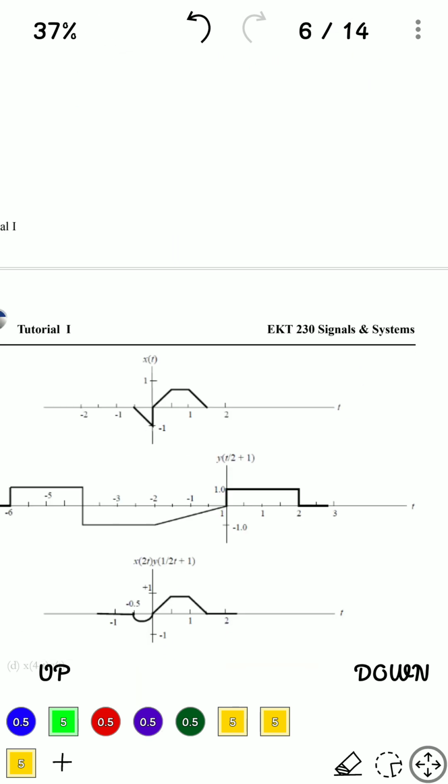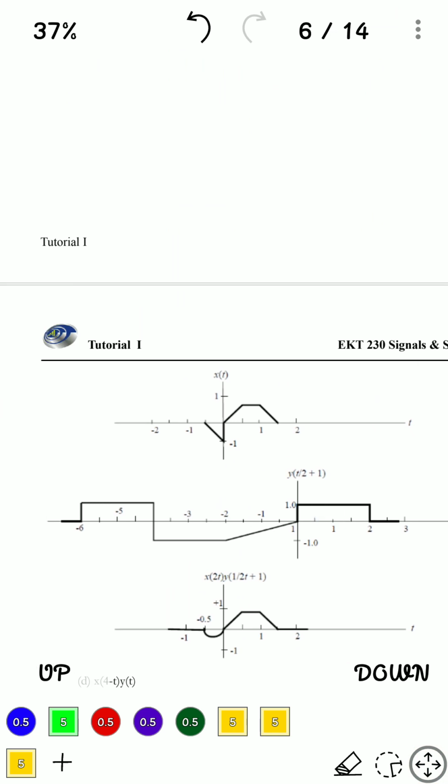This was your 1 by 2, so 1 by 2 is 0.5. This particular is 0.5, this particular is 0.25, and this is 0, and once again for 1, if you divide it by 2 you are going to get 0.5.